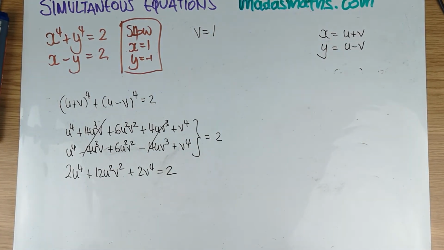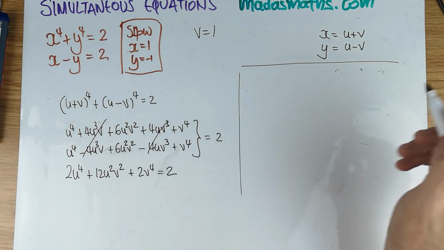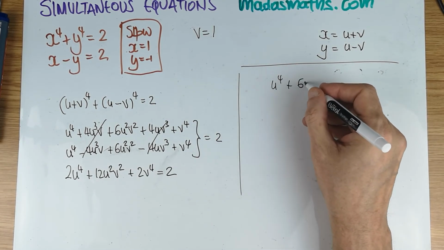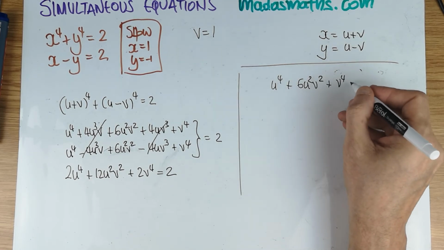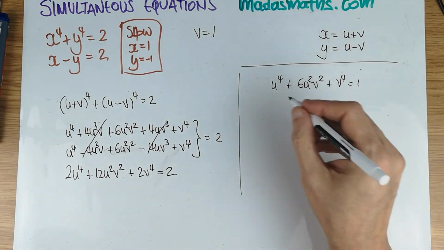At this stage probably we can halve. So u to the 4 plus 6u squared v squared plus v to the 4 is equal to 1. Then we can put v is equal to 1, or we could have done it at any stage really.